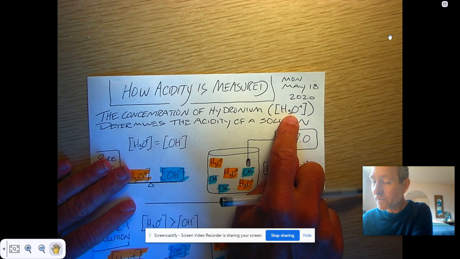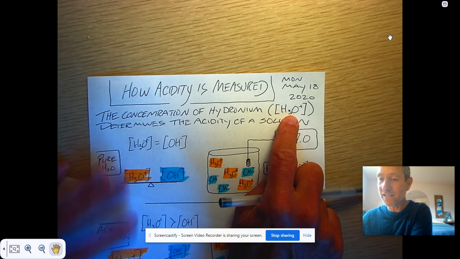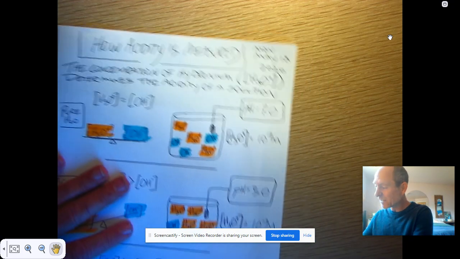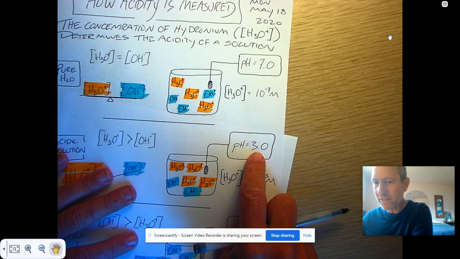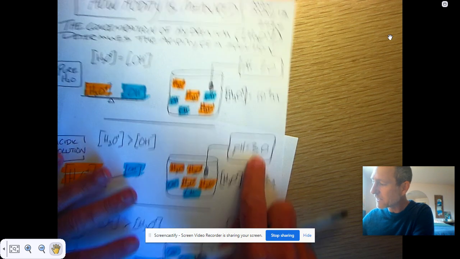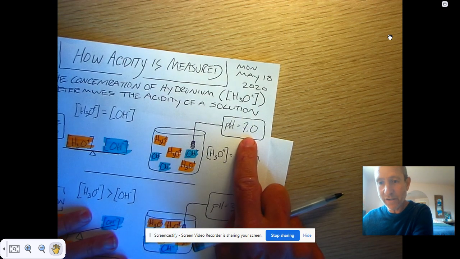So the bigger this number is, the more acidic it is. And the smaller this number is, the less acidic it is. But it's the opposite with the pH scale. With the pH scale, the smaller this number is, the more acidic it is. And the bigger this number is, the less acidic it is.